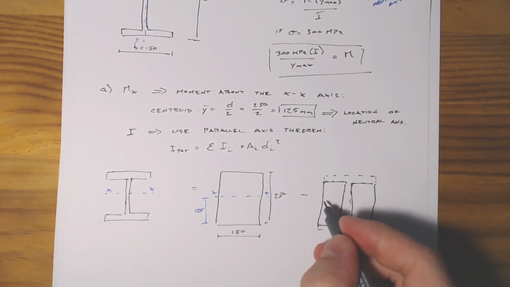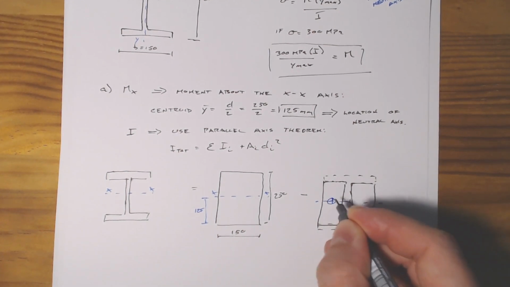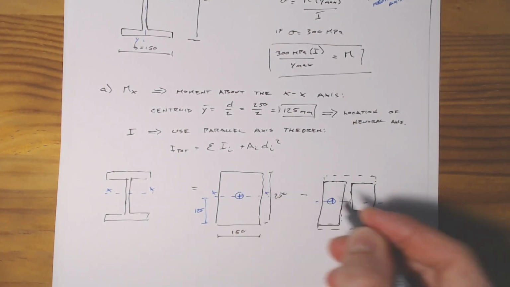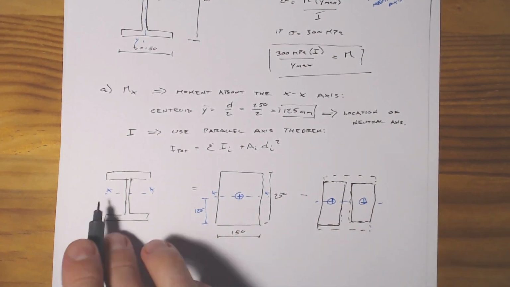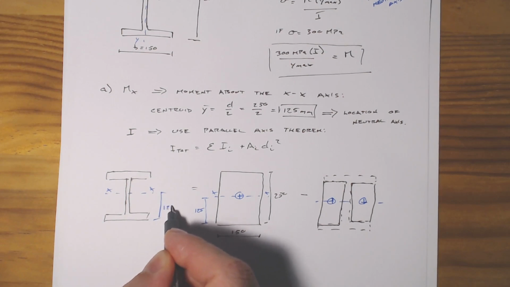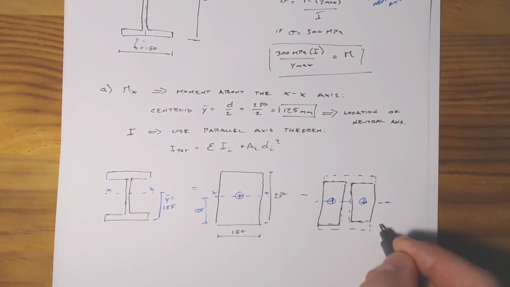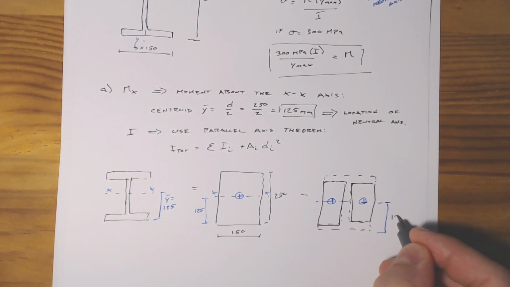It's these two pieces here, which have their centroids also located at the same location as the centroid for the entire cross section, which is 125 y bar, and this too 125.